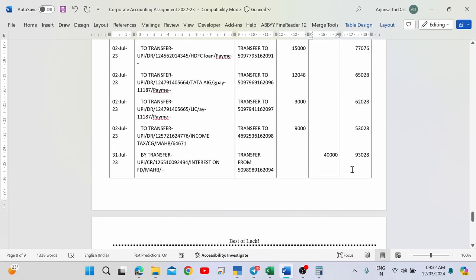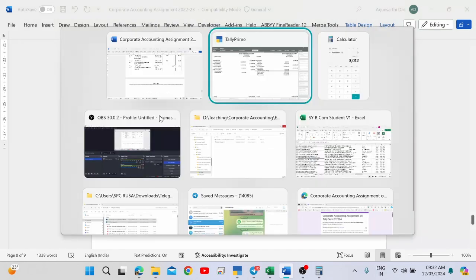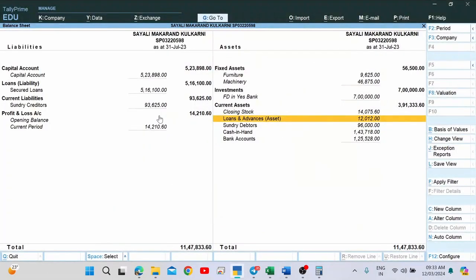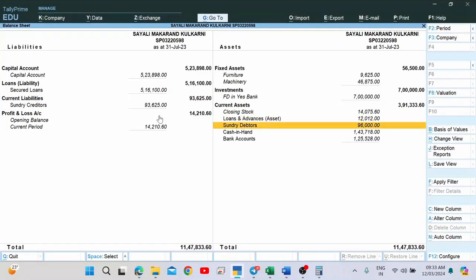And then finally we could find the correct bank balance as on 31st July. Now in tally, as I said, you will get the difference in the last part of the video, but because of this rectification now you will not get that difference in your project.